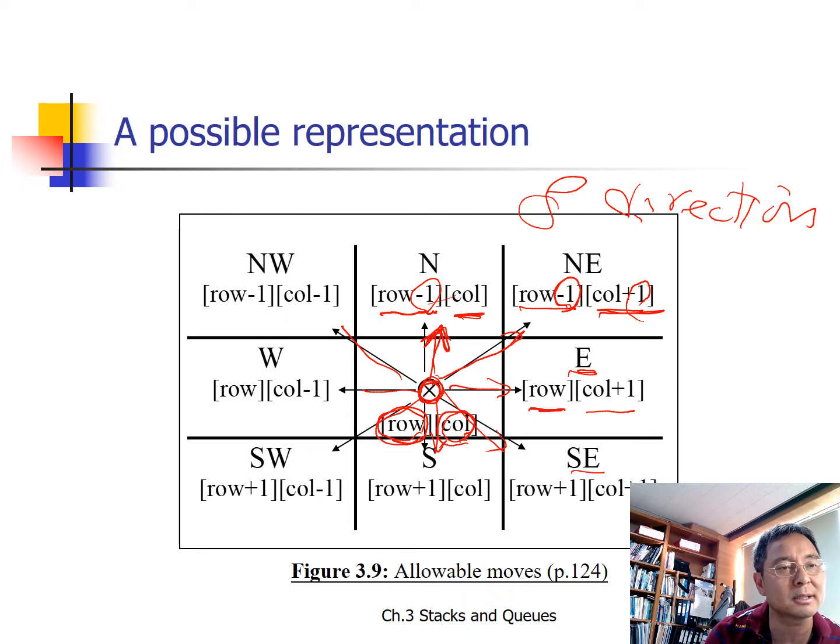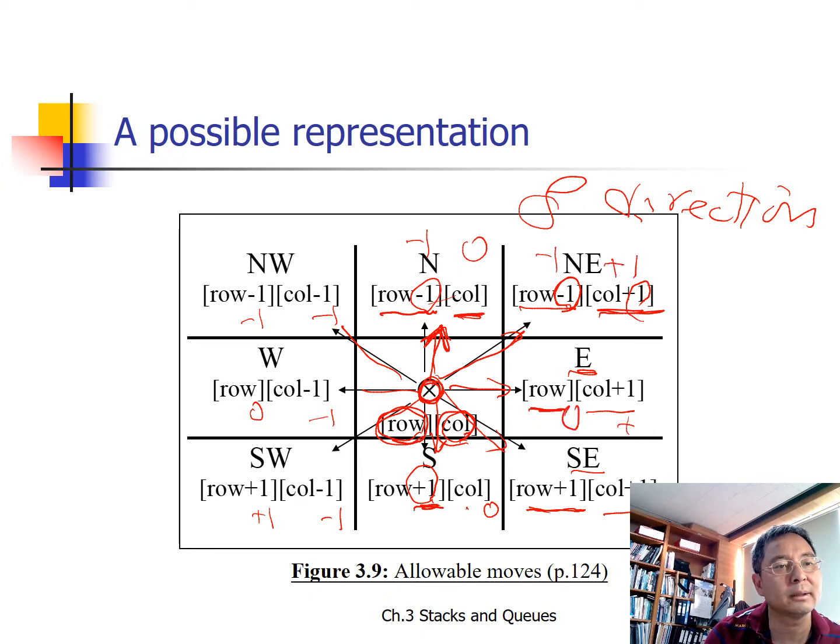And southeast: the row value is increased by 1, and the column value is also increased by 1. In this way, we can control the possible directions by these numbers. This is -1 0, -1 +1, 0 +1, +1 +1.